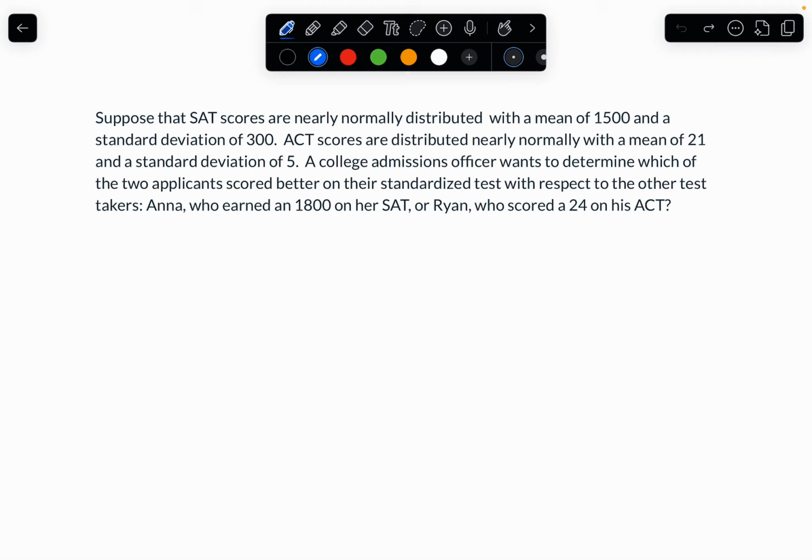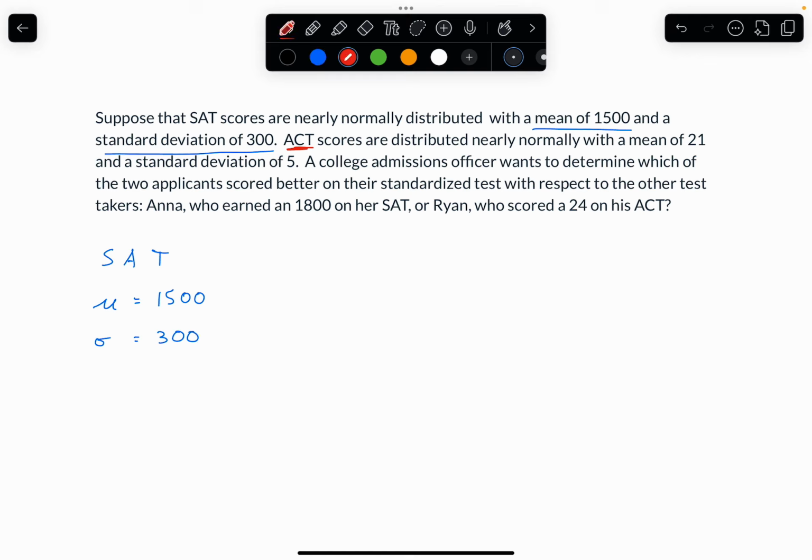Suppose that SAT scores are nearly normally distributed with a mean of 1,500 and a standard deviation of 300. Let's pause here and make a note of some of these things. We're going to talk about SAT scores, and then in just a second we're going to talk about ACT scores. For our SAT scores, the mean is equal to 1,500 and the standard deviation is equal to 300.